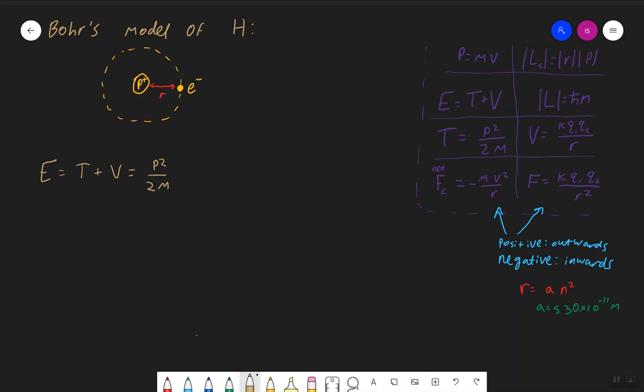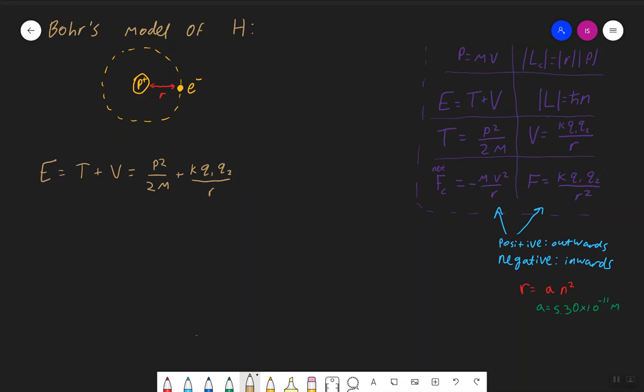And then plus k q1 q2 over r. Oh, sorry, not r squared. That's just r for potential energy.